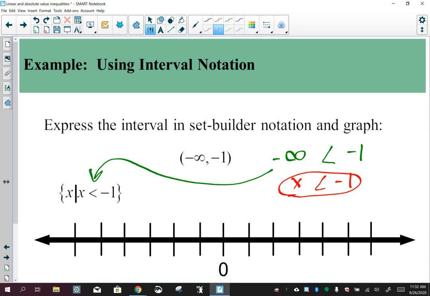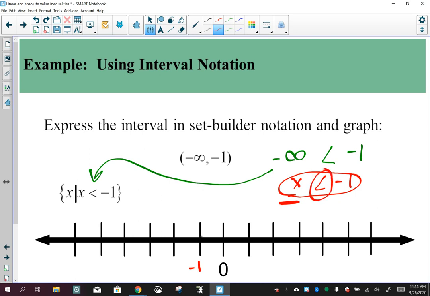Now, we have x is less than negative 1. So since x is less than negative 1, then I'm going to come over here to my negative 1. And if you notice, if you always keep your variables on the left-hand side, this will tell you which way your arrow needs to go.